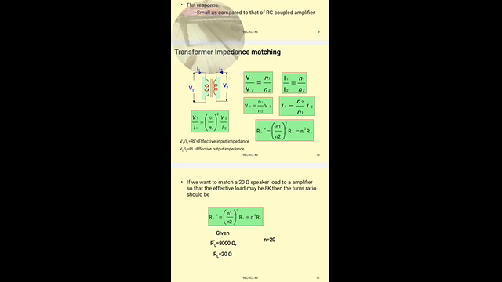Let us consider one example. If we want to match a 20 ohm speaker load to an amplifier, so the effective load may be 8 kilo ohms, then what is the turns ratio? So we have to adjust the turns ratio such that RL dash is given as 8 kilo ohms and the load is only 20 ohms.